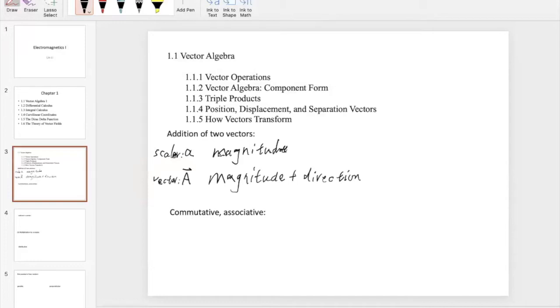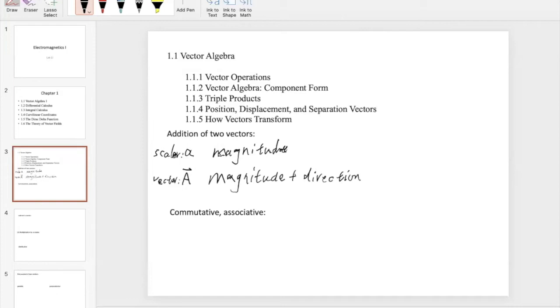So in physics, we will learn a lot of vectors. Let's say in physics, what quantities are scalar and what quantities are vector? Can you name some of them? I will give you some time. Okay. For example, temperature. Is temperature a scalar or vector?